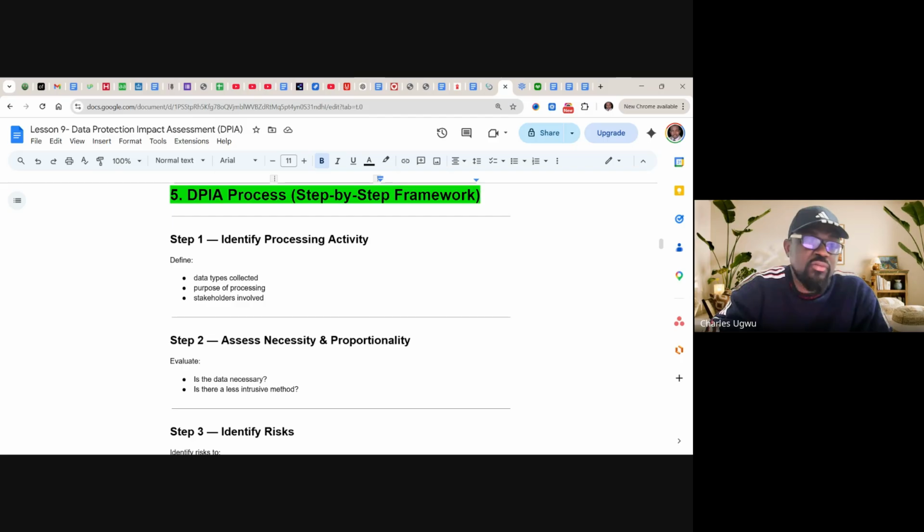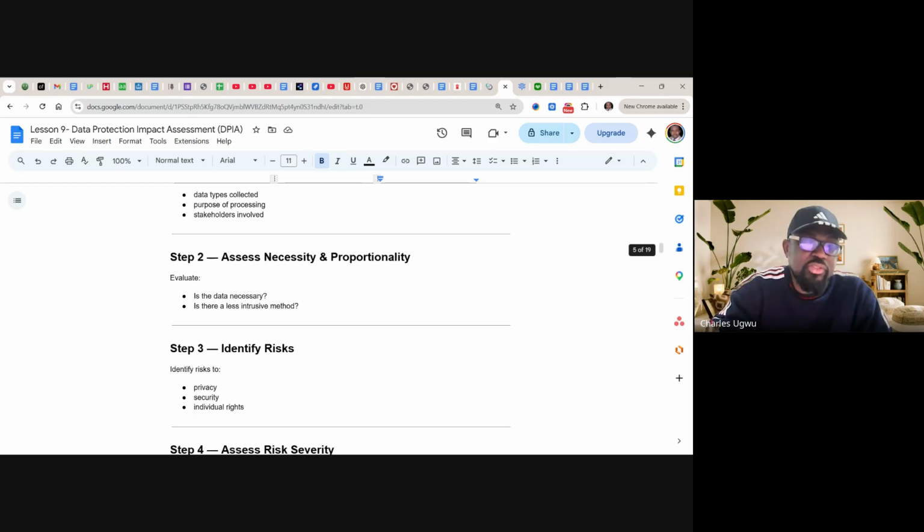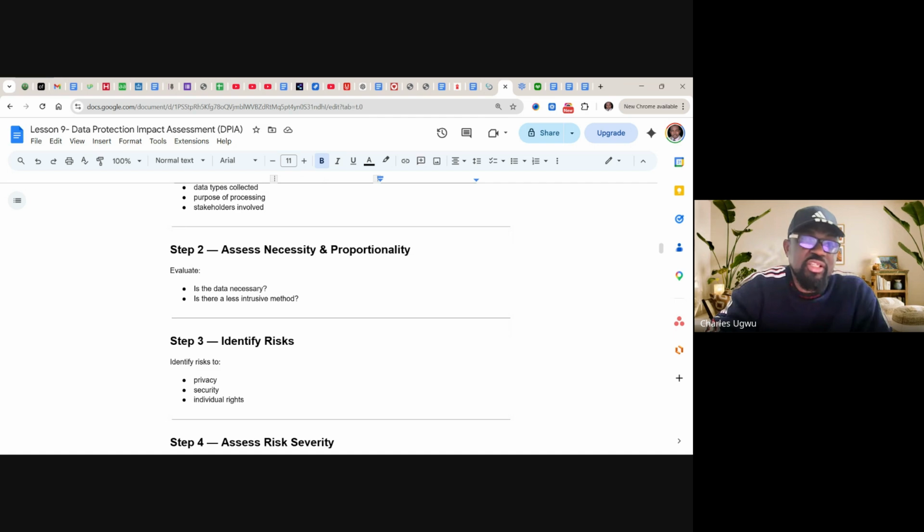Then once you have defined the kind of data we are collecting, and the purpose and the stakeholders, the next step is to assess the necessity and proportionality. We are going to evaluate, is the data necessary?